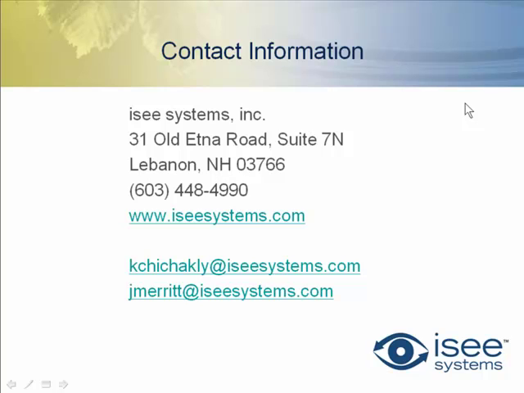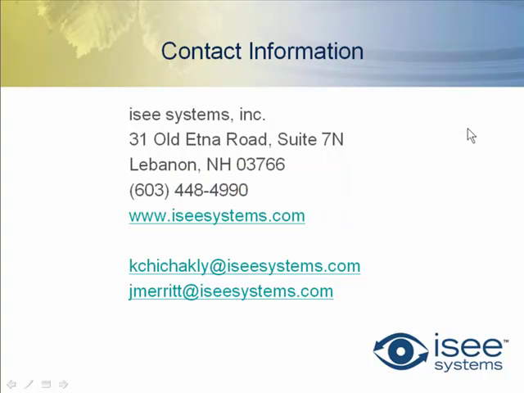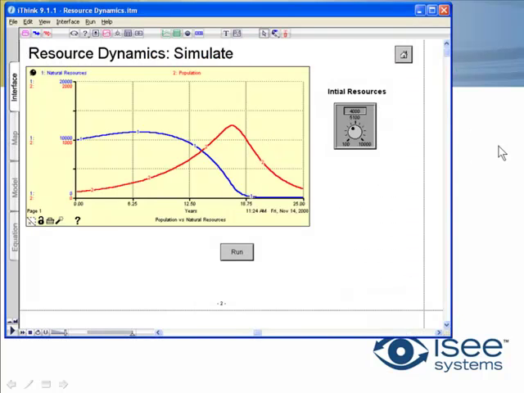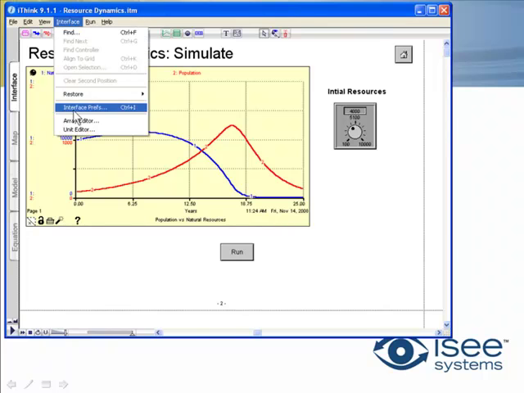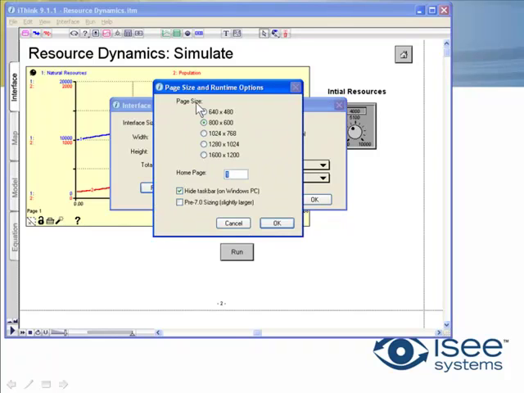Okay, so is page 1 the home page by default, or has it been defined as the home page? Excellent question. Let me just show you real quick how that works. When you go into the interface preferences, you'll see that we have show pages checked off, and we actually have this page size option.